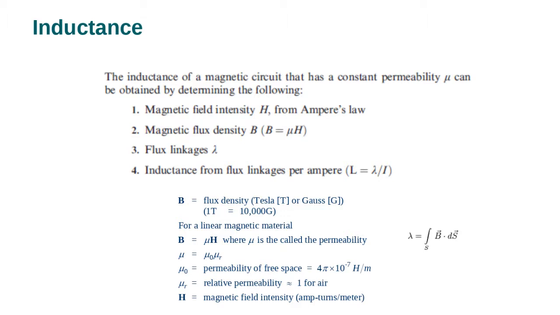The third parameter is inductance. Inductance is generated because we have a magnetic field. Why do we have a magnetic field? Because it's an AC, alternating current, goes up and down, up and down.